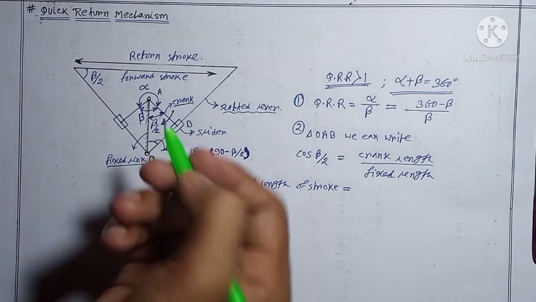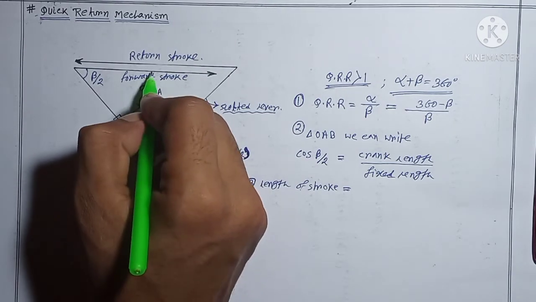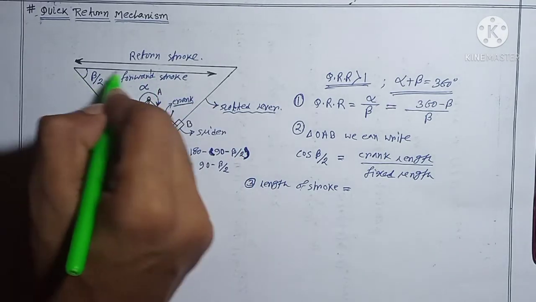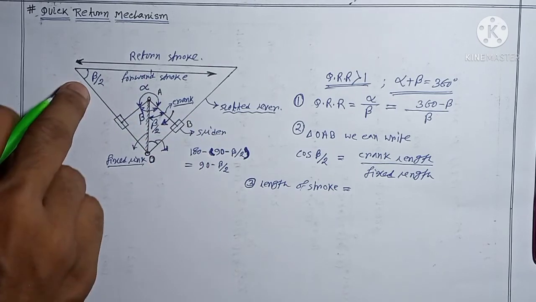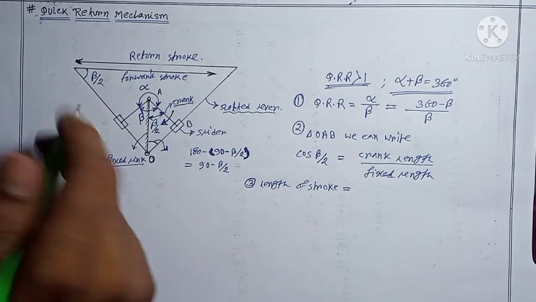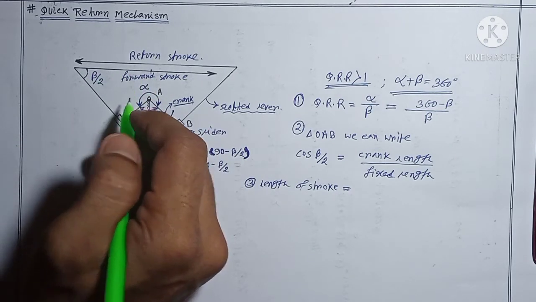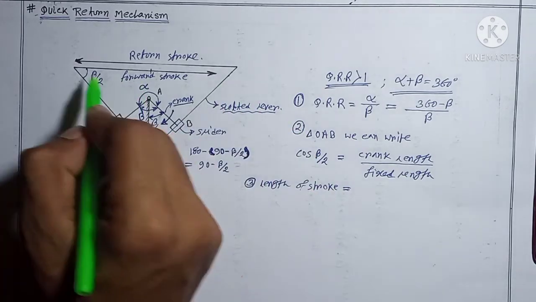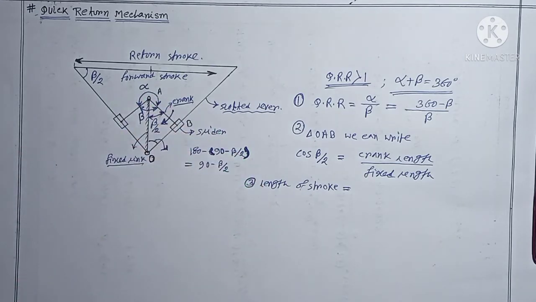Now if I extend this fixed link length up to here, then from this triangle we can say cos beta by 2 is equal to half of the stroke length. From here to here, the total is the stroke length, so from this distance to this distance is half of the stroke length.